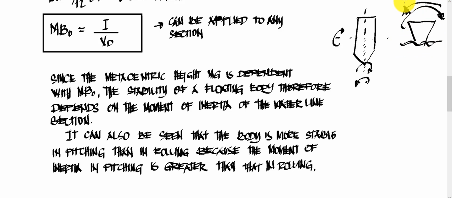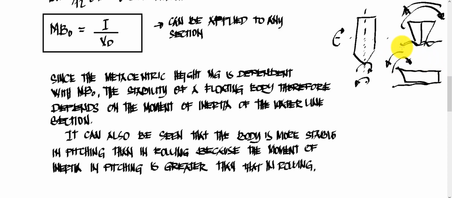While pitching, for example, is viewed from the side view of the ship. This is the movement of the boat swinging like this, then also back, so that is pitching up and down.